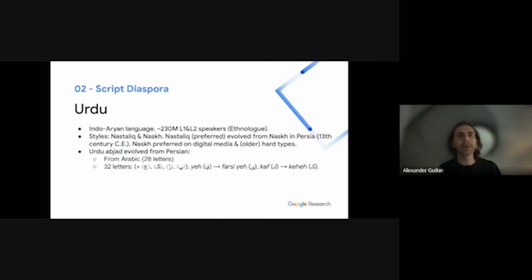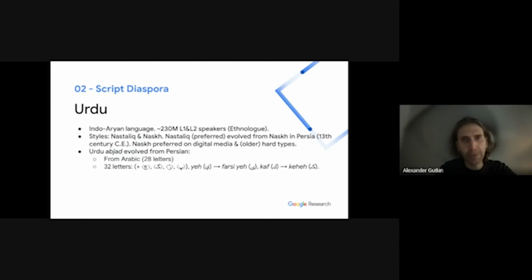We next discuss 6 examples of productive ways in which Perso-Arabic was adapted to new languages. So we start with Urdu. Urdu has 230 million native and second language speakers, according to Ethnologue.